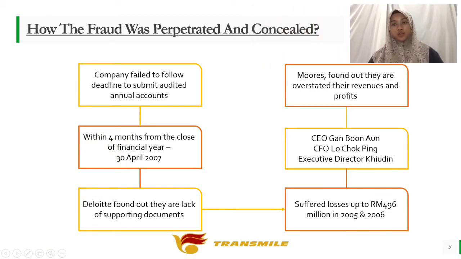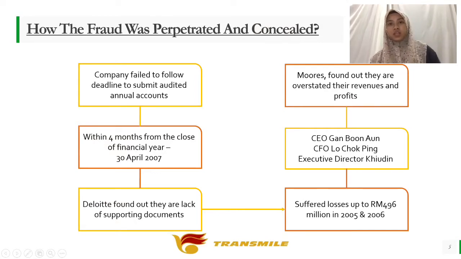Next is how the fraud was perpetrated and concealed. Transmile Group Berhad was hit with an accounting scandal, and the scandal started when the company failed to meet the deadline for submission of audited annual accounts for the financial year ended 31 December 2006.